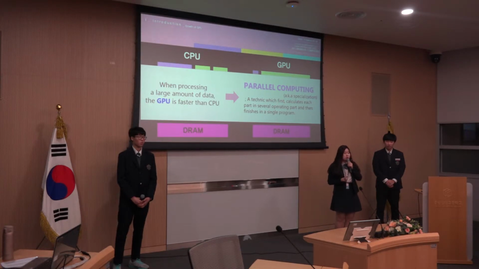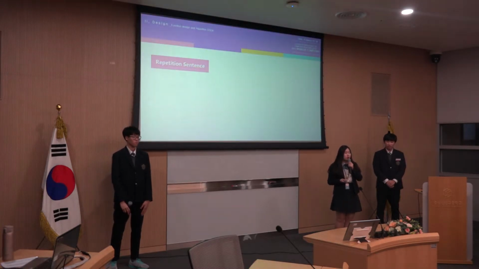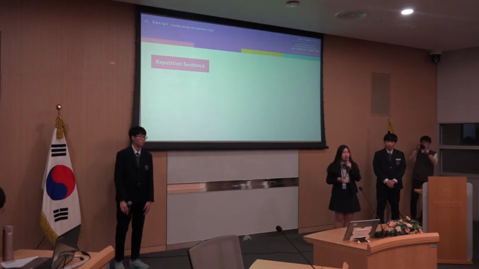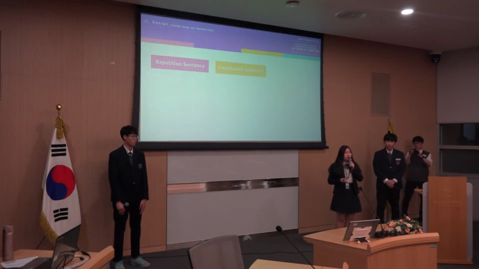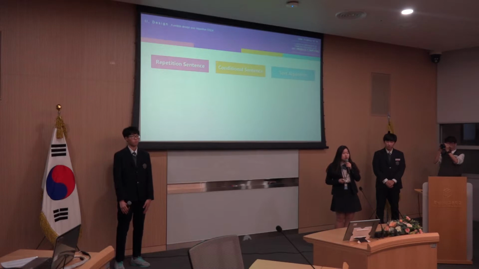Parallel computing is a technique which calculates its parts in several operating units and then finishes in a single program. So we focus on this technique and set up three categories for our study. The first is repetition sentence, the second is conditional sentence, the last is sort algorithm.